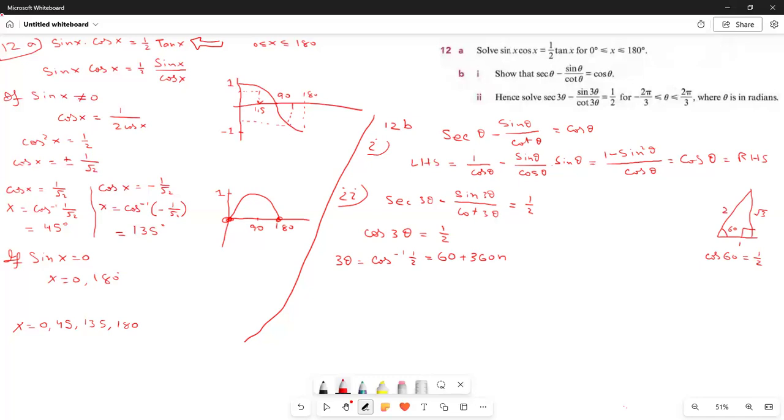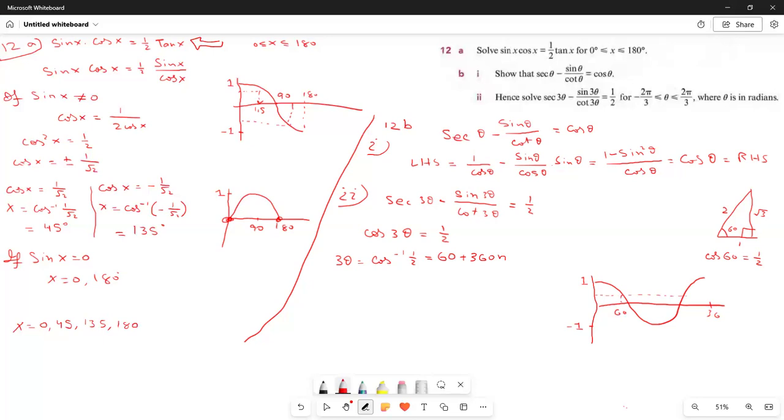Now, is it the only thing? If I talk about the cosine graph, I plotted it in the first part, but let me plot it again for more values. So this is 360 degrees, and this is 1, this is -1. Half will give me an angle of 60 degrees, but it is giving another angle over here.